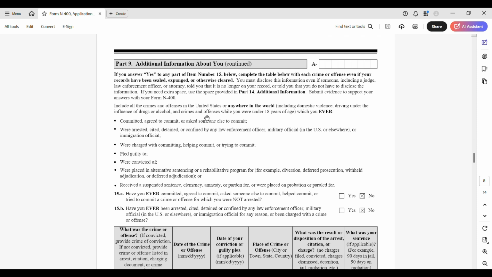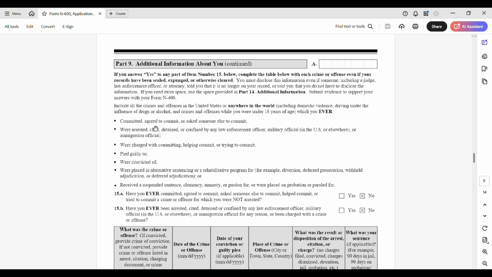Include all the crimes and offenses in the United States or anywhere in the world, including domestic violence, driving under the influence of drugs or alcohol, and crimes and offenses while you are under 18 years of age. We are going to get into the information here.